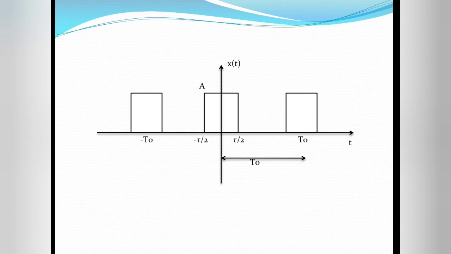And now we'll try to represent this time domain periodic signal in the Fourier series representation, which is a trigonometric form. So let us first write the equation for the trigonometric Fourier series.